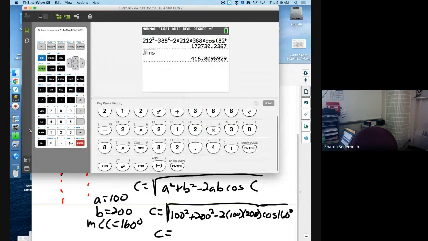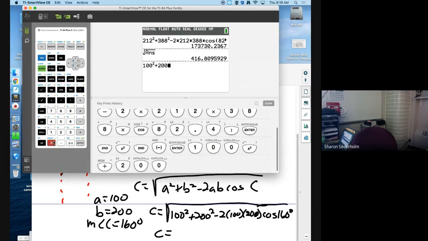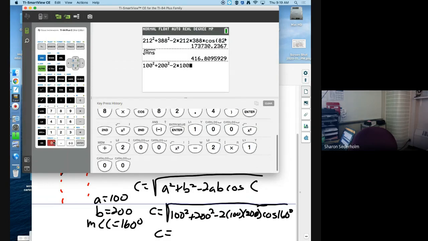I'm punching everything in. 100 squared plus 200 squared minus 2 times 100 times 200 cosine of 160.